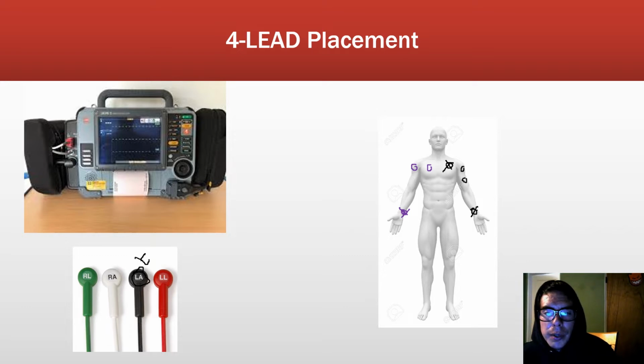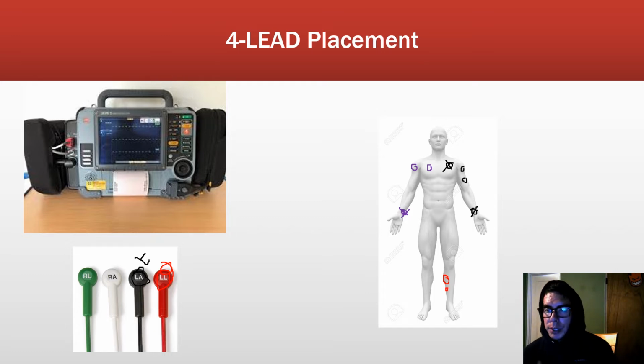And then we have fire, which is red, this one right here, and that goes on the left leg. For this, you want to put it down kind of on the calf, like right there, even lower if you can, like maybe right there. The big thing is you want it to be over a meaty part. Don't put it over bone, because that makes it harder for it to read.